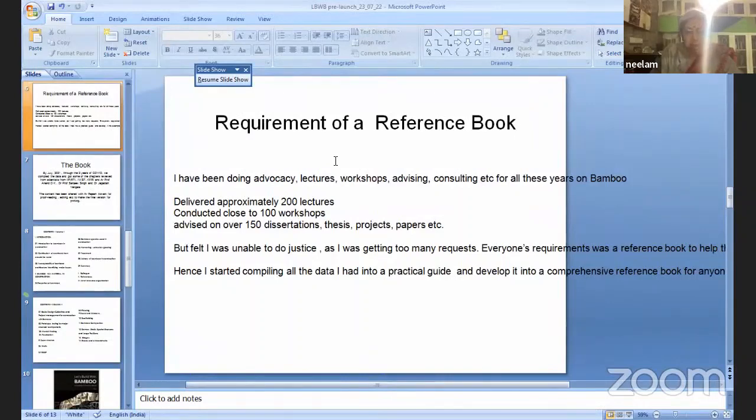I realized that I was getting a lot of applications for internship. Architects were coming to me for dissertations, for their research work. I was getting a lot of requests, and I was not able to attend to everybody as much as I would have liked.